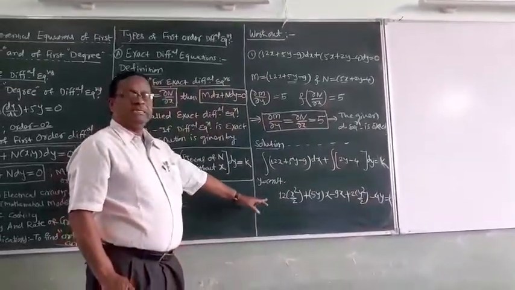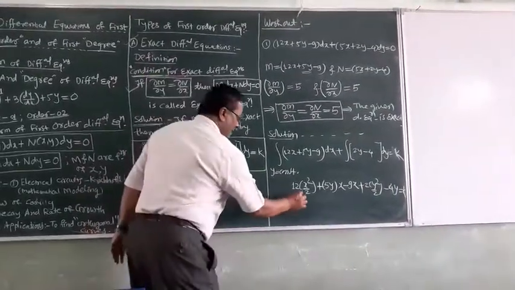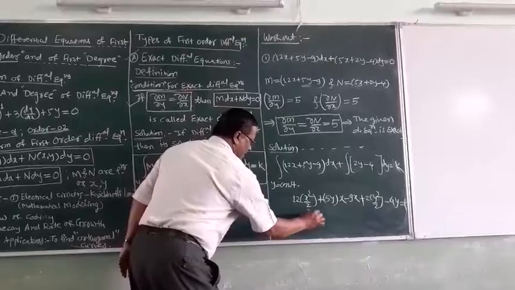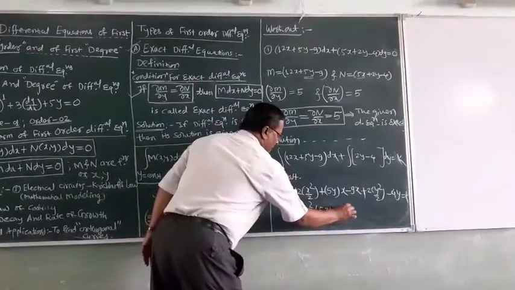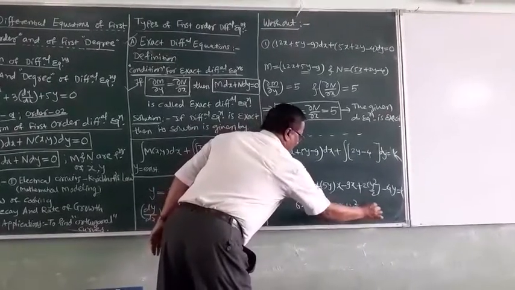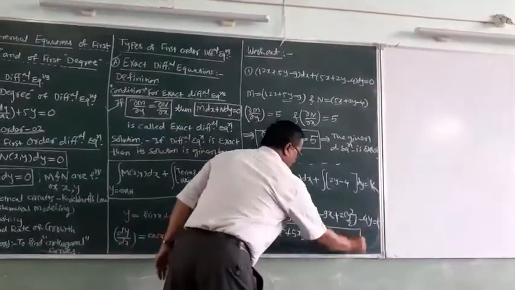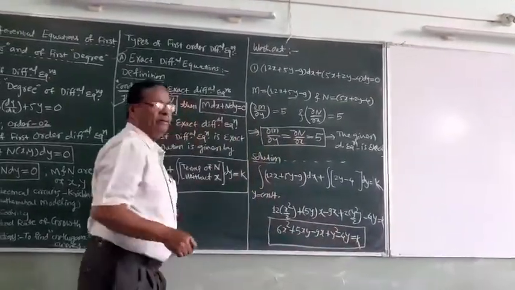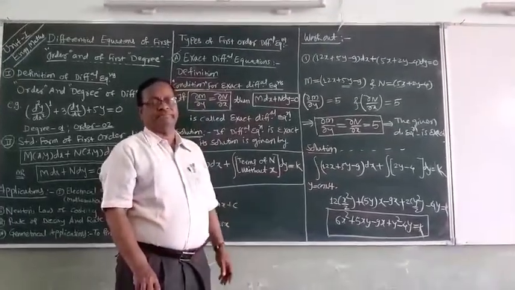Now, this can be simplified in the next step, which is the final answer: 6x square plus 5xy minus 9x plus y square minus 4y equals k. So, this will be the final solution of the exact differential equation.